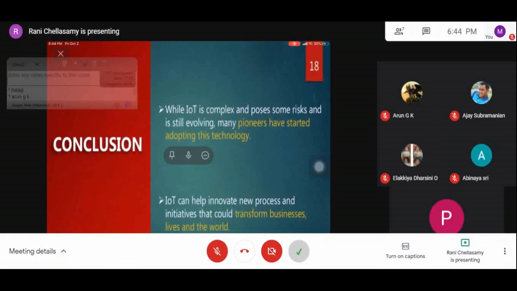Okay, let me conclude. While IoT is complex and poses some risk, still it's evolving, and in many of today's real-world scenarios we are adopting this technology. IoT can help innovate new processes and initiatives that could transform business, the world, and human lives.